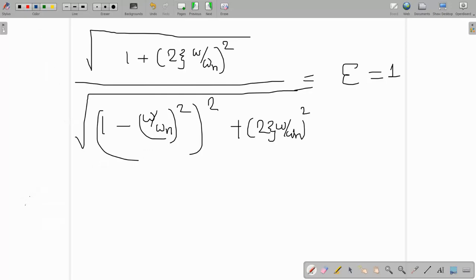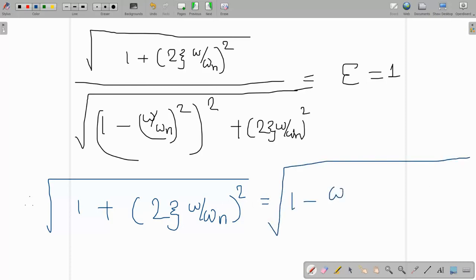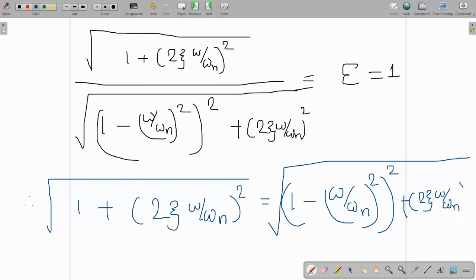So what we have, under root of 1 plus 2 times epsilon omega upon omega n whole square is equal to under root of 1 minus (omega upon omega n) whole square, and this all the power whole square, plus 2 times epsilon omega upon omega n whole square.